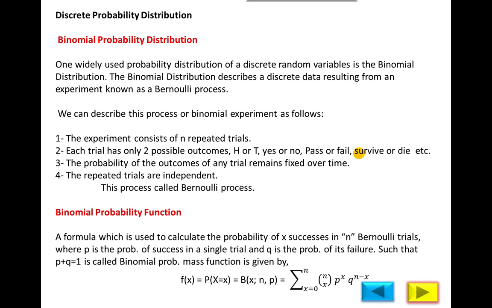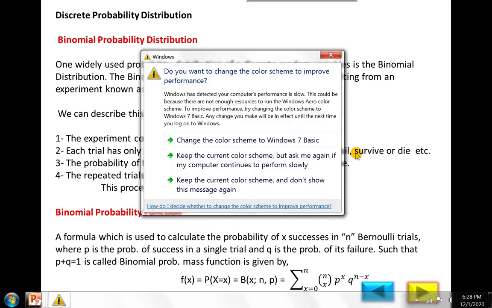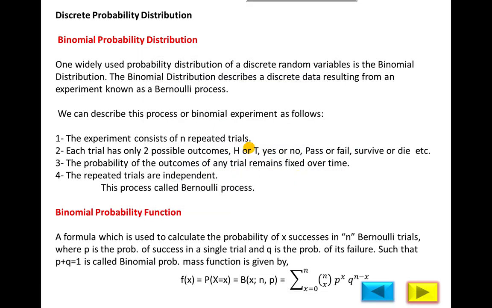In videos number 10, 11 and 12, you have solved different types of questions in probability, and you know that the basic formula of probability is number of favorable outcomes divided by possible outcomes.